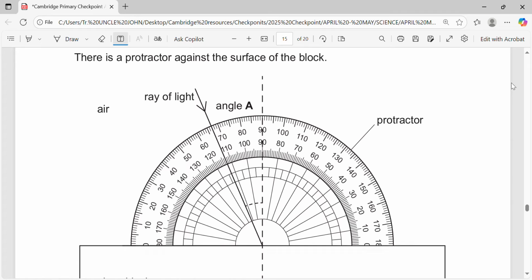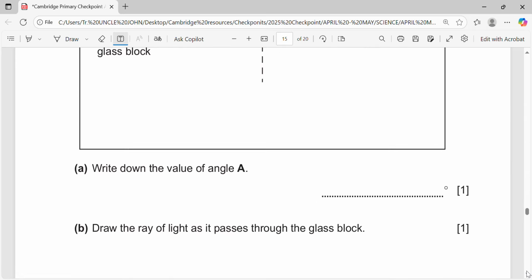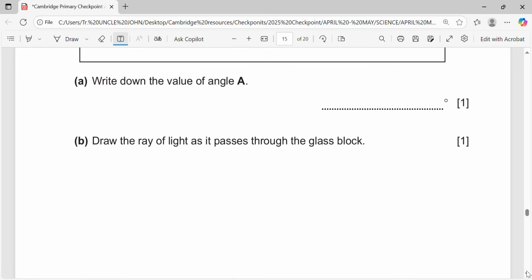Then the glass block, you can see it. Write down the value of angle A. It is 23. The value of angle A is 23.